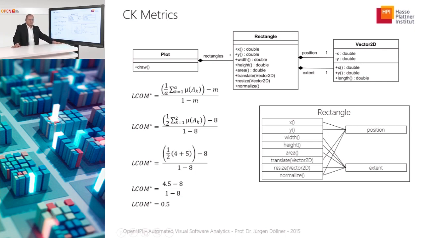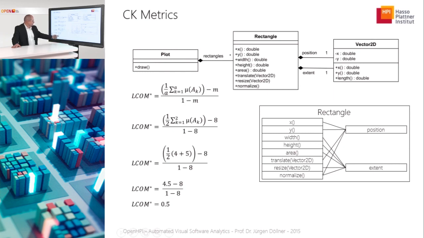And if we would like to compute now the LCOM metric value for this object-oriented model for the class rectangle, we just put in the values and, most important, attribute 1, the position, is accessed by 4 methods, and attribute 2, extent, is accessed by 5 methods.